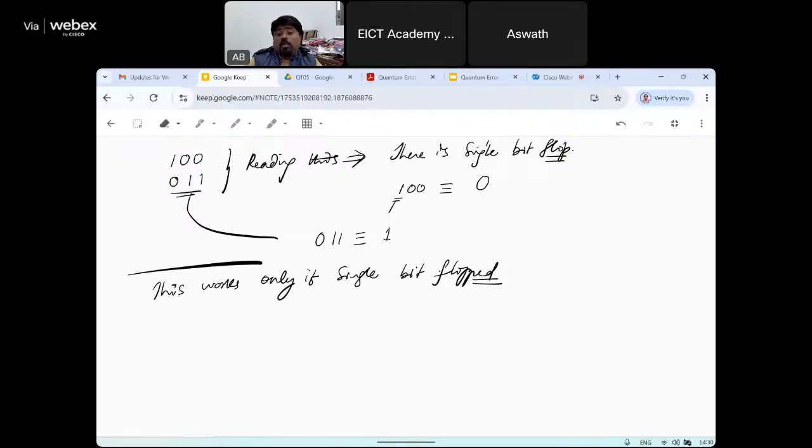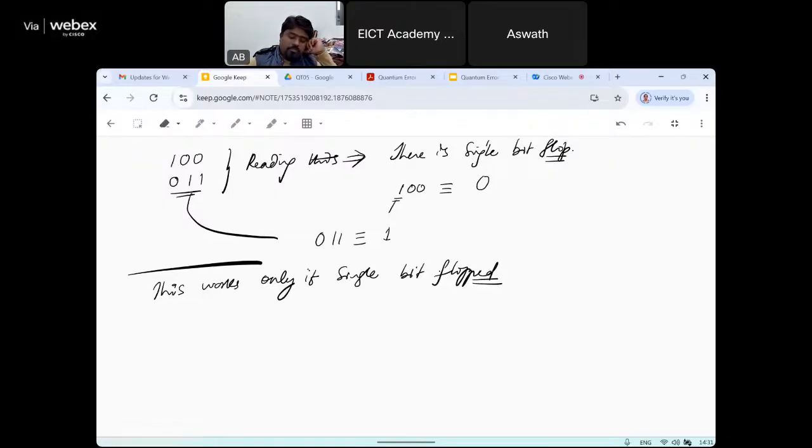If I get to know there is a location where 2 bits are getting flipped, we saw earlier that there is a hidden bit string we can find out, using the earlier algorithms which we saw. So I'll get to know how many bits are being flipped, and from there I'll come up with an alternate strategy to ensure that errors do not come because of that kind of flipping.